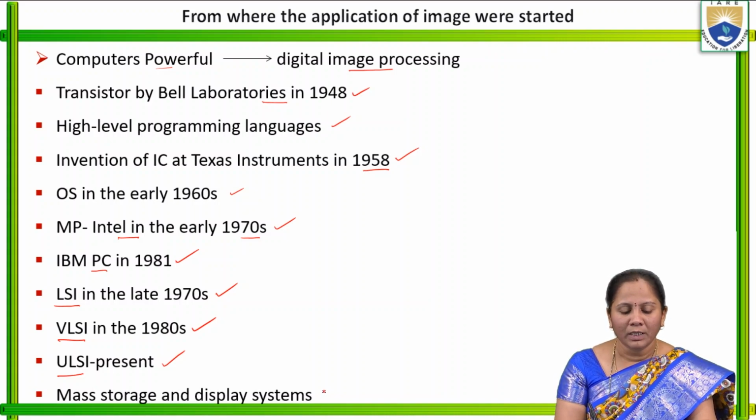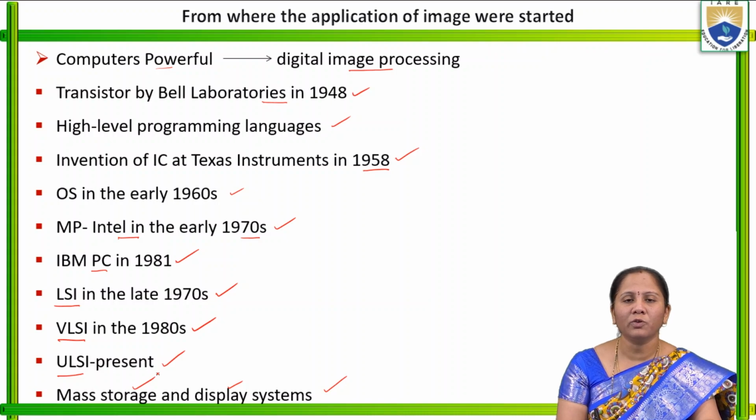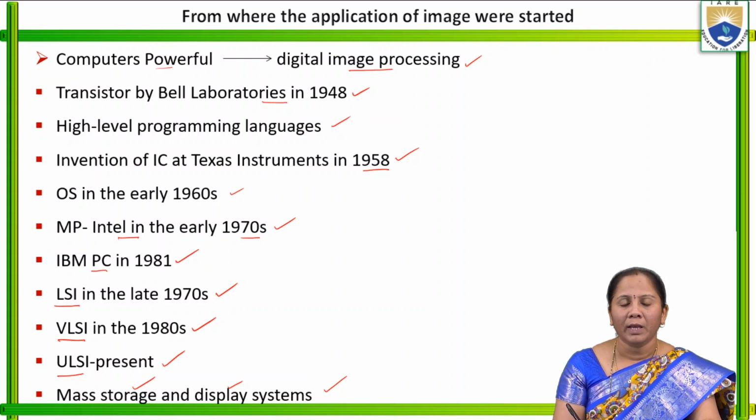One more thing is mass storage and display systems. Display systems refers to the size of the screen, quality, and resolution, and storage refers to the size of the memory, because in order to perform any task in digital image processing, we need to execute sophisticated, efficient algorithms, large programs need to be executed, and more data needs to be stored, which is what makes mass storage necessary.